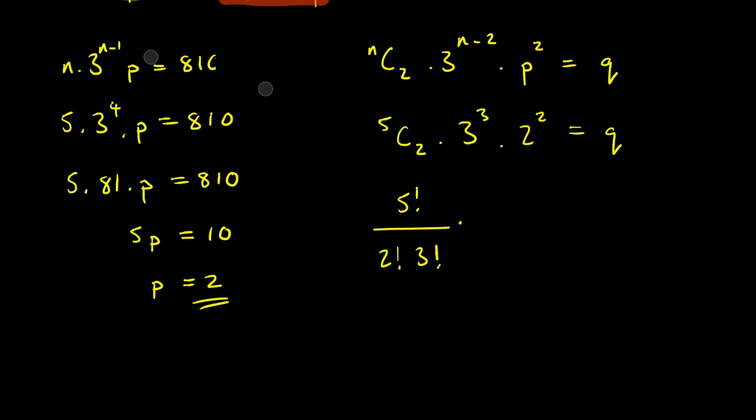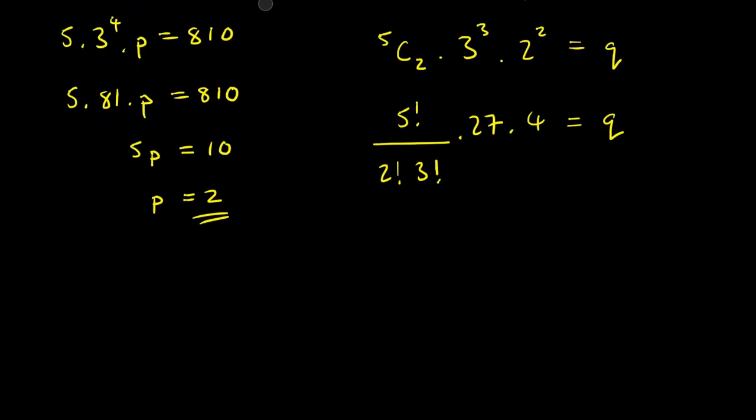We've got 3 to the power 3, which is 27, and we've got 2 to the power 2, which is 4, and that's all equal to q. 5 factorial is 5 times 4 times 3 times 2 times 1, and 3 factorial is 3 times 2 times 1. If I cancel off, on the top I'm left with 5 times 4. 2 factorial is just 2, times 27 times 4 is equal to q.